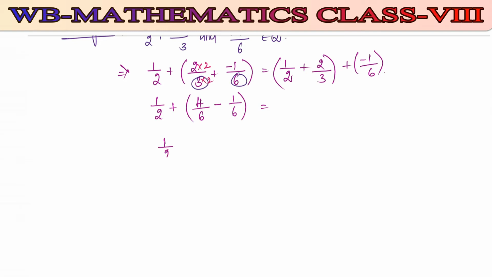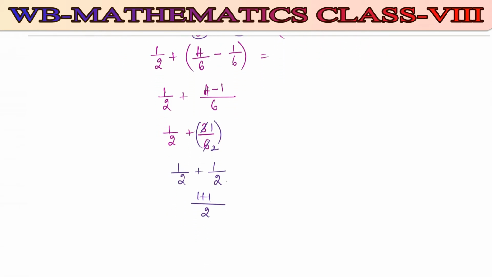Here 1 by 2 plus, as the denominators are the same, 6, we subtract the numerators: 4 minus 1 is 3 divided by 6. It is a single term, so I can cancel: 1 threes are 3, 2 threes are 6. So 1 by 2 plus 1 by 2, the denominator is the same, 1 plus 1, so the final answer is 2 by 2, which is 1. The left-hand side is 1.